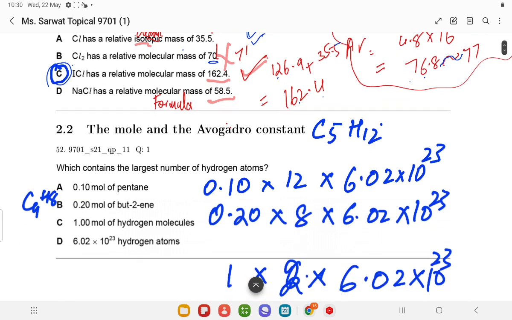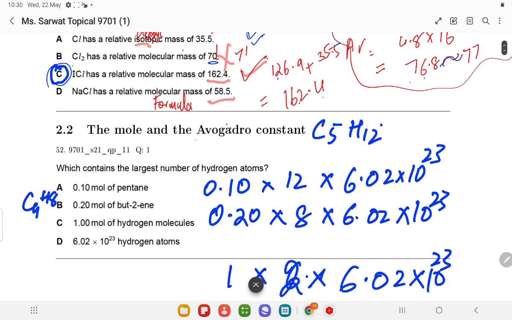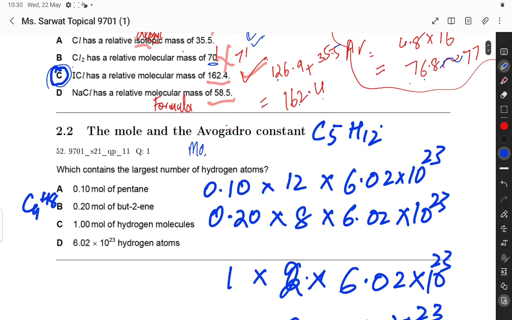So next question, the mole and Avogadro constant. Which contains the largest number of hydrogen atoms? 0.10 mole of pentane. We know that mole is how to calculate the number of molecules or number of atoms, by using mole into Avogadro constant.